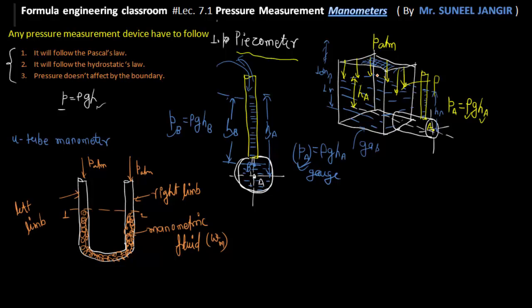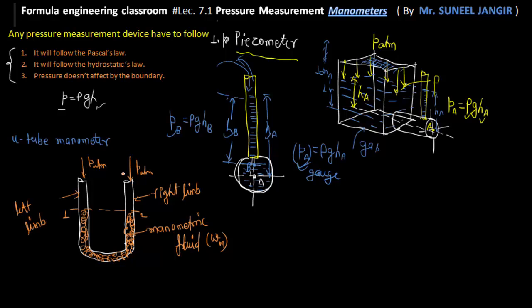So now we are connecting this U-tube to this pipe here. In that case, at the point A the pressure is high.